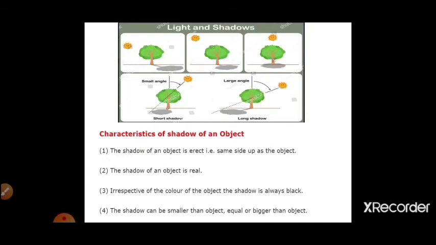The shadow of an object is real. Irrespective of the color, the shadow will always be black, whatever the color of the object. And the shadow can be smaller, as I already told, equal or bigger, depending on the source. So these are the main characteristics. Also, for a shadow we need a screen or ground or wall, somewhere we are able to see the shadow.